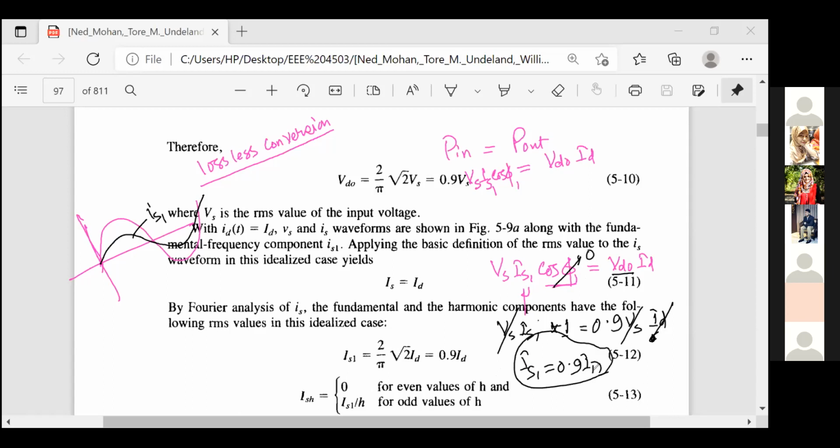I will not ask you to derive it, but you have to remember that for the rectangular wave shape, if this is your ID, then the RMS value of the fundamental component will be 0.9 of your peak value. Okay? Yes, sir.